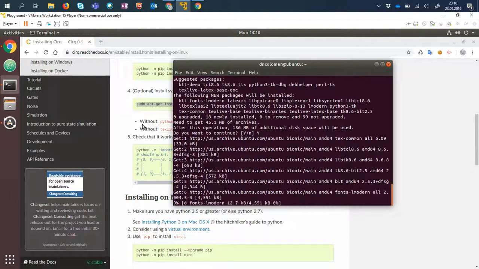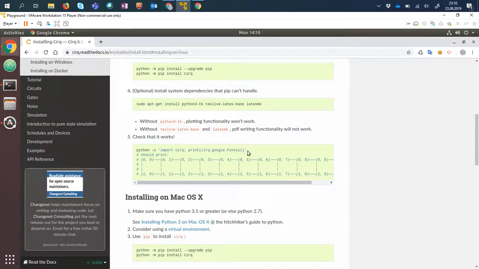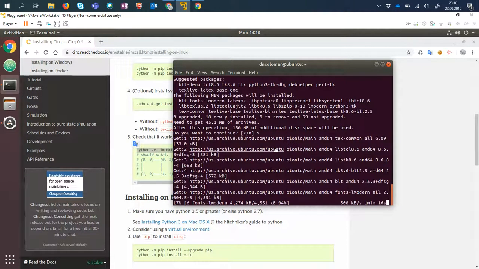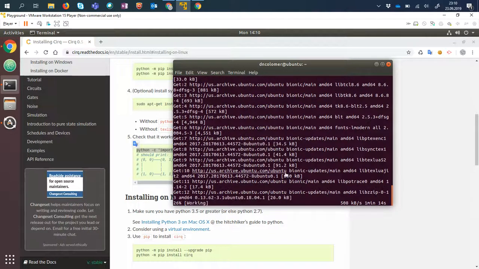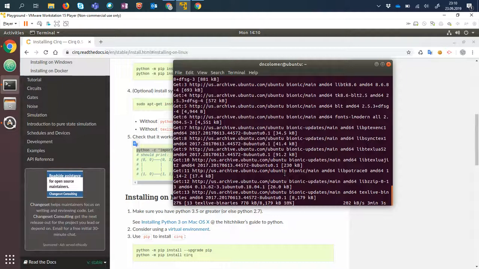And to check that it all works, I should type this in. Good.